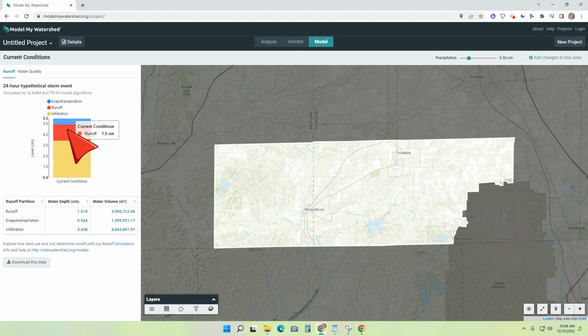That runoff is going to be pushing our infiltration down. So consider a strong storm event, maybe even an extreme storm event. Let's go as high as it goes, 25 centimeters of rain in a 24-hour time period. That's a ridiculous amount of rain that doesn't happen very often, but we can see that runoff just dramatically increases.